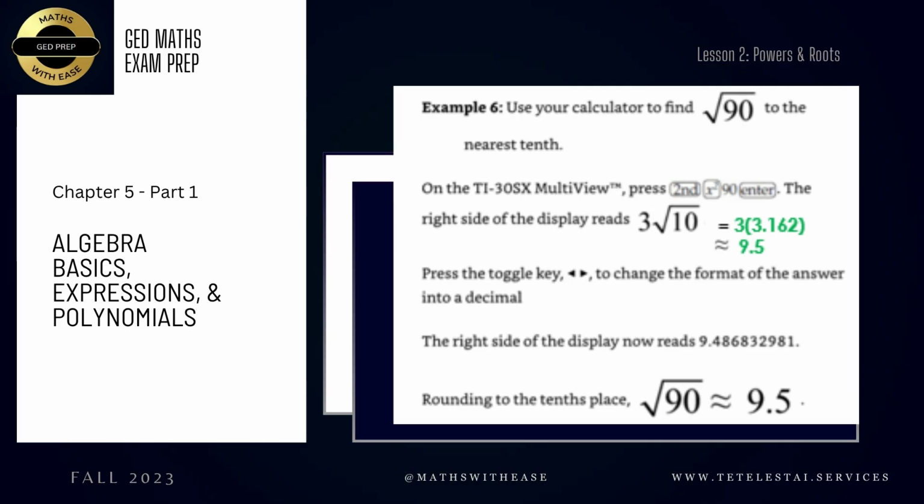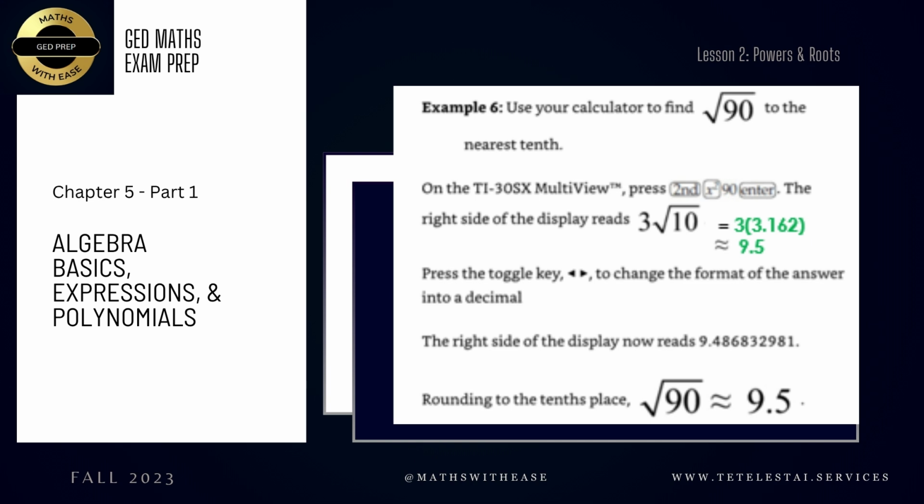Or you can press the toggle key, and that will change the format of your answer into a decimal. If you don't want to bother finding the square root of 10, you can just press the toggle key, and that will give you 9.5, the same answer, rounded to the nearest tenth place.